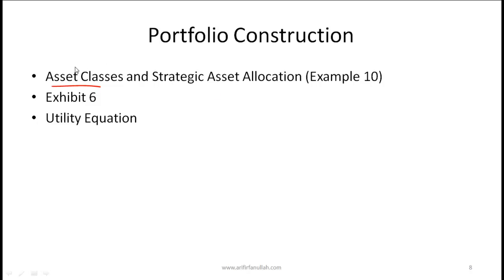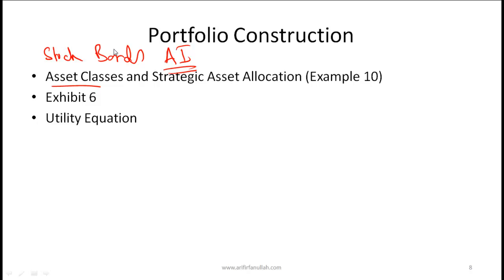Asset classes are basically different classes of assets such as stocks, bonds, and more recently this class of assets called alternative investments has become more popular, and within alternative investments you can have commodities, real estate, hedge funds, etc. Within stocks you can then have different categories of stocks such as small cap, mid cap, large cap. You can also have categories that are defined as US stocks, European stocks, emerging market stocks, and so on.